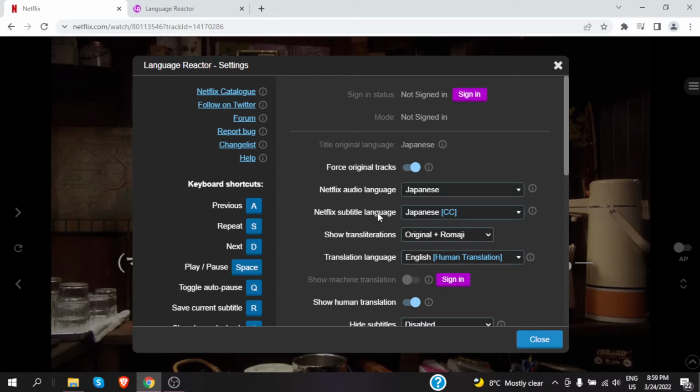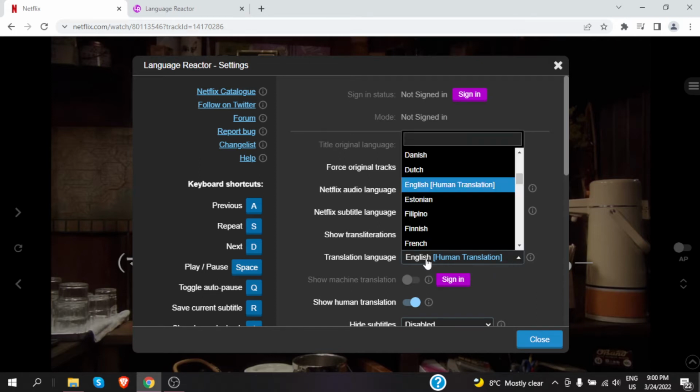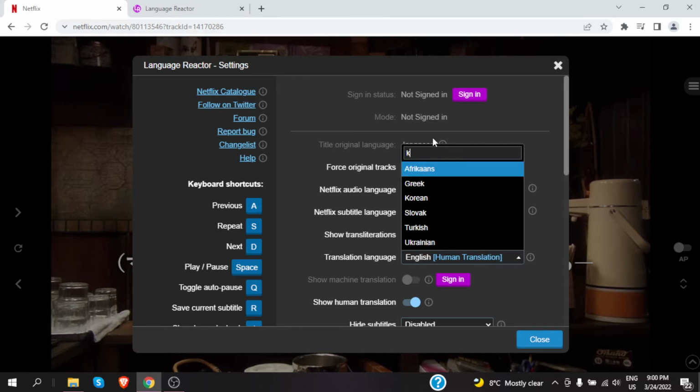Netflix subtitle language: I want to read Japanese. And then I want the translation language to be English. You can change this to whatever first language you have. If you're at a very high level in Japanese, you can actually translate to Japanese as well.